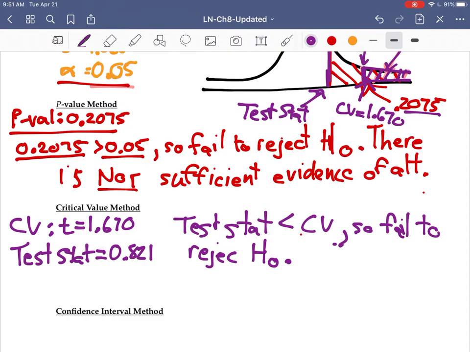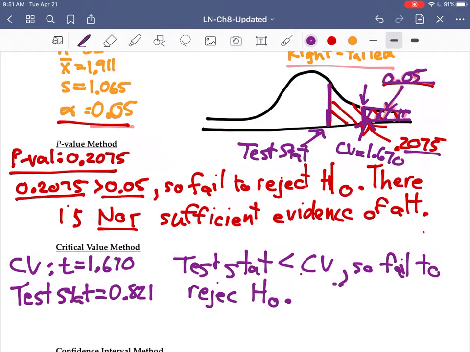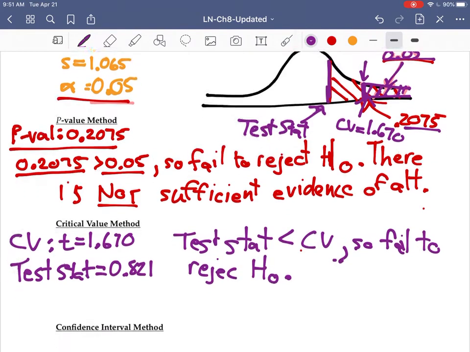Our sample gives a test statistic of 0.821, but our critical value is 1.670, so we do not have sufficient evidence to reject that null hypothesis.